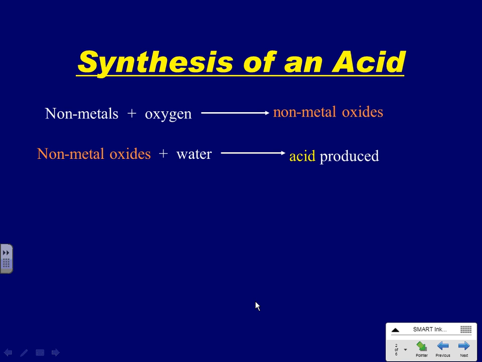So oxygen is very important in forming acids, but they've later discovered that oxygen is important in forming bases as well. So let's put an example up here.